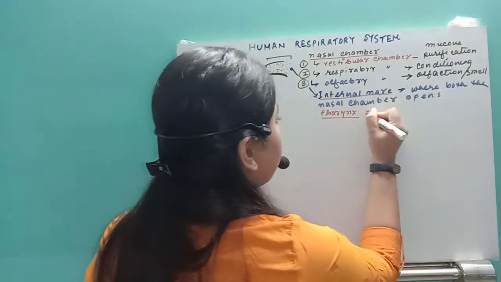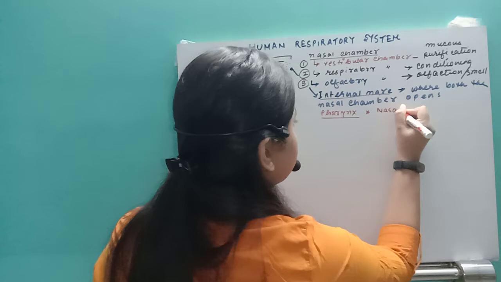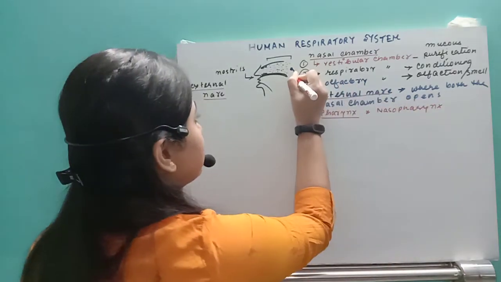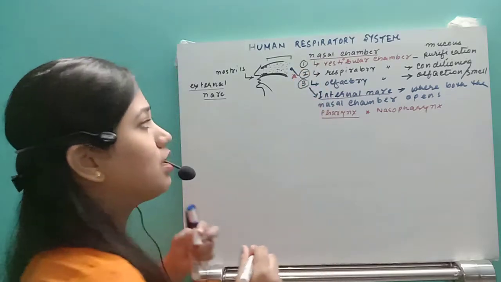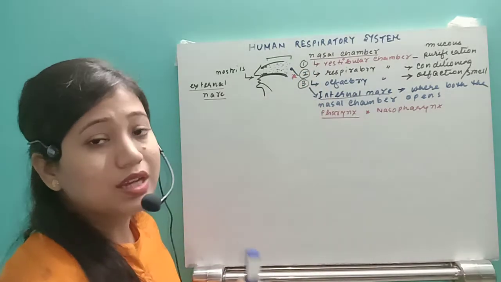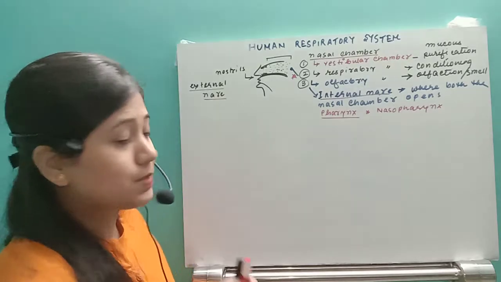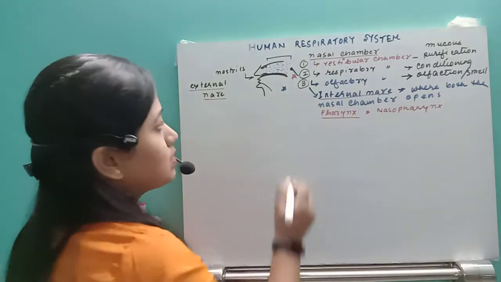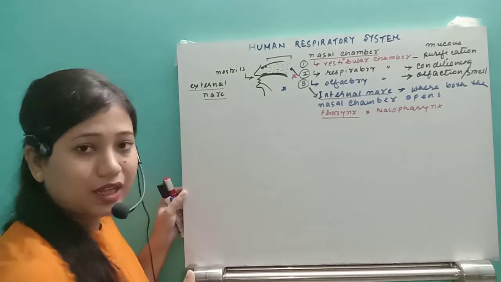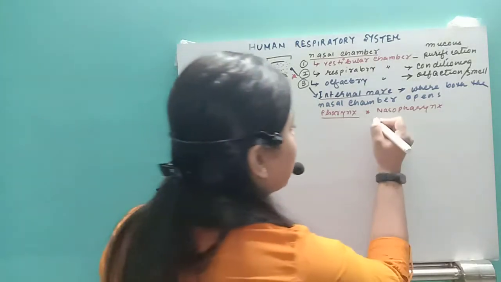What are they? First one is the nasopharynx. So what is the nasopharynx? Right after the internal nair, we are going to have the nasopharynx. After the nasopharynx, you know already that after the buccal cavity, what is the next part? Just the internal side of the buccal cavity posteriorly, what is that part called?